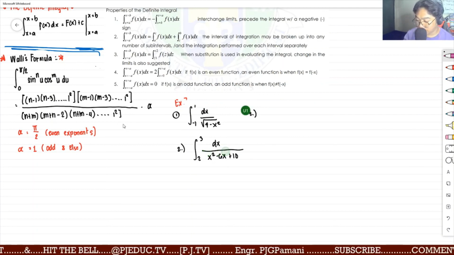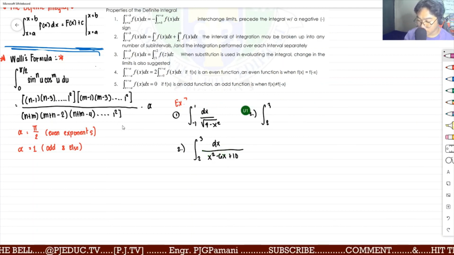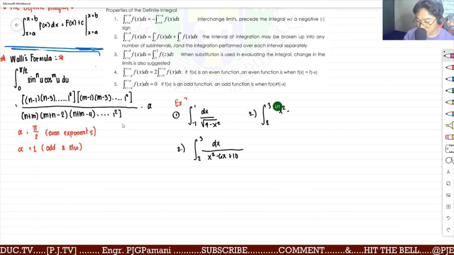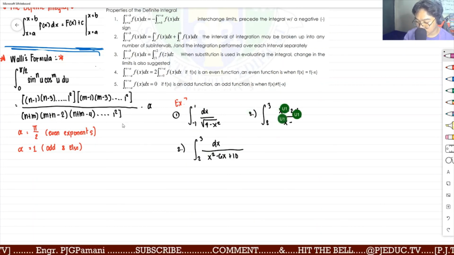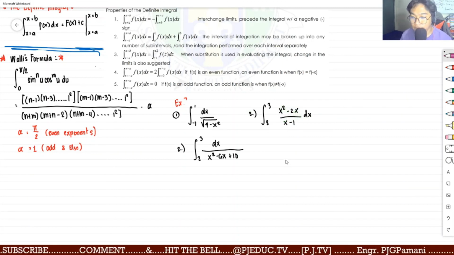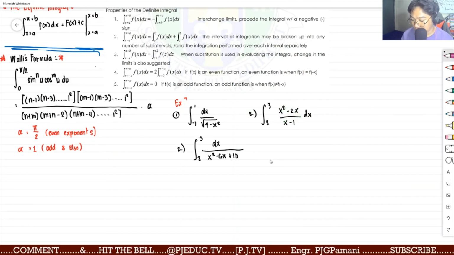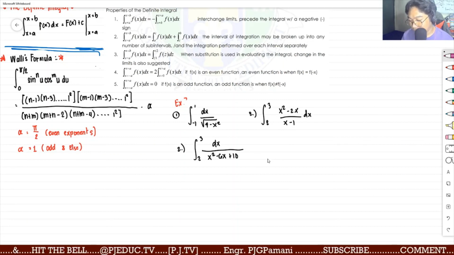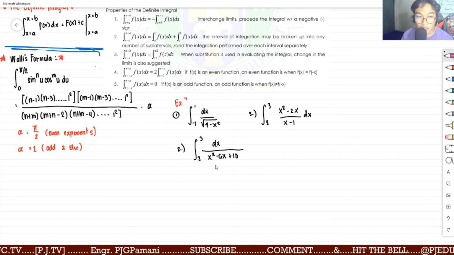And number 3, integral from 2 to 3 of x squared minus 2x over x minus 1 dx. On your own, try to solve these 3 exercise problems.